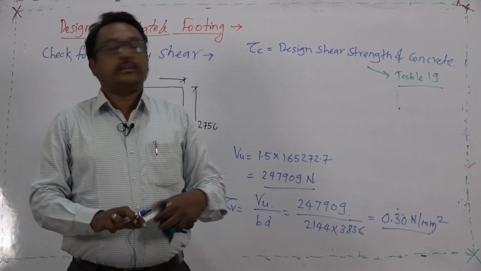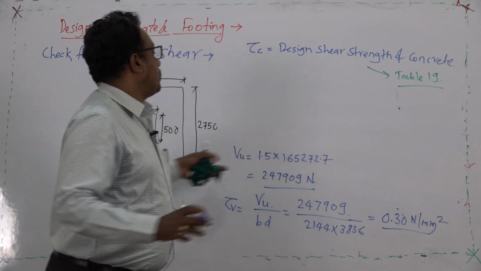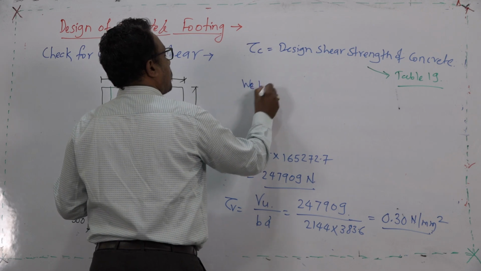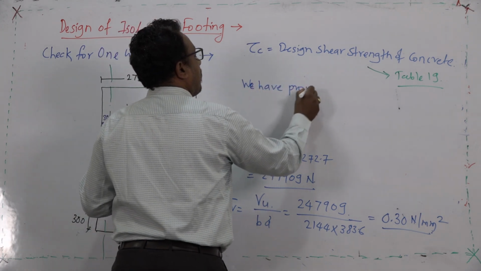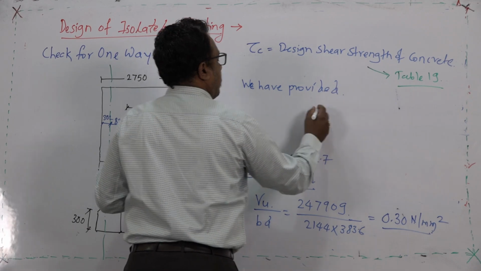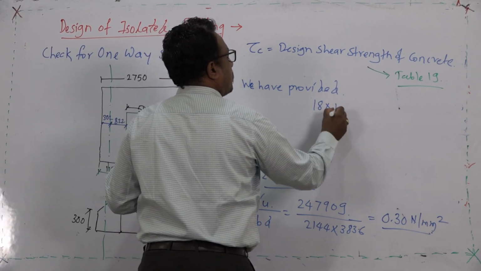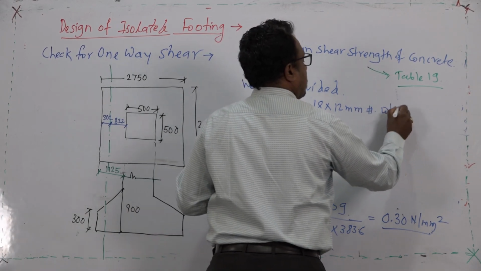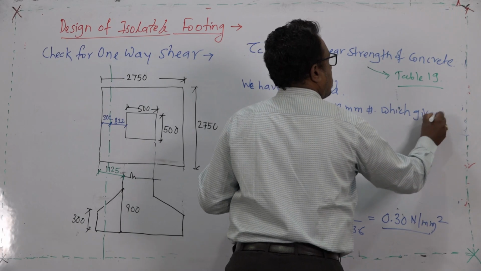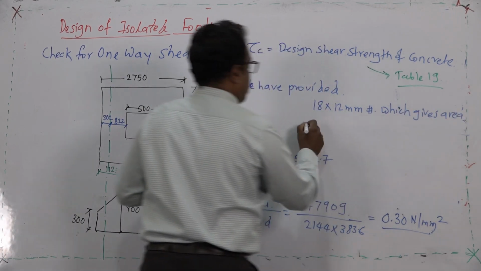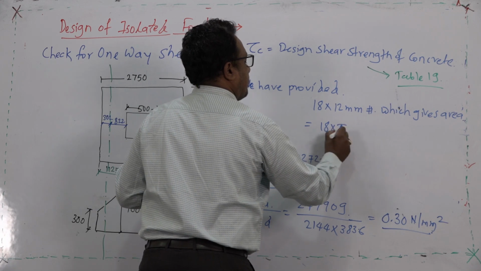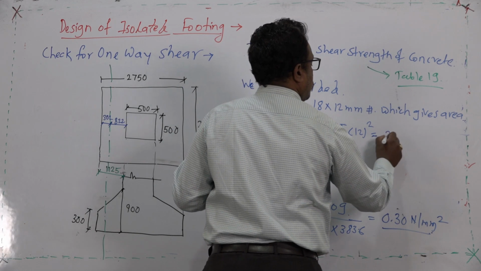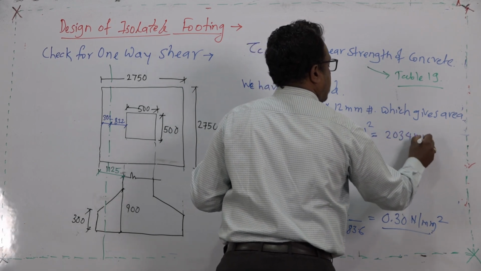So, we have provided 18 bars of 12 mm, which gives an area of 18 multiplied by pi by 4 into 12 squared. How much? 2034 millimeter square.